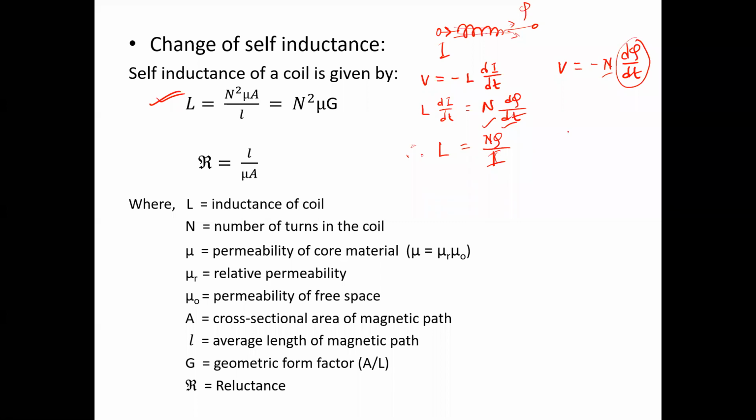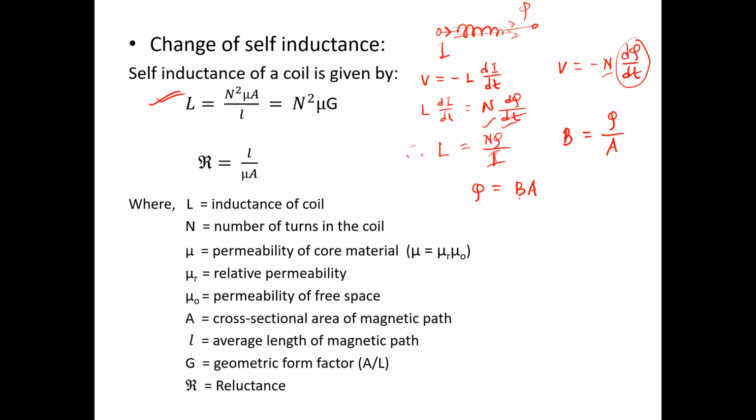The magnetic flux density B, you know, is the magnetic flux flowing through per unit area of a coil at right angles. So from here we can say that magnetic flux will be the multiplication of the magnetic flux density and the cross-sectional area.